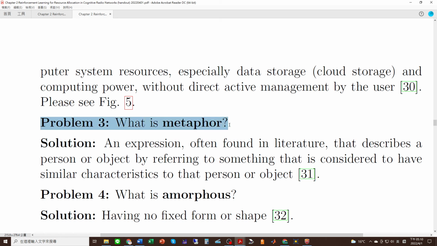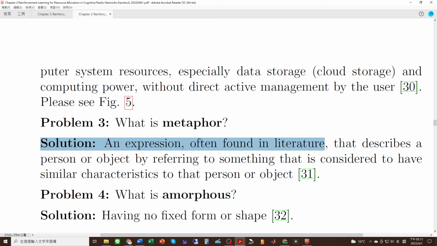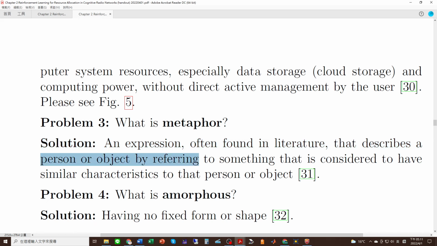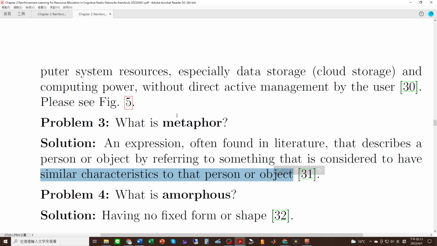What is metaphor? Solution: an expression often found in literature that describes a person or object by referring to something that is considered to have similar characteristics to that person or object. This is the metaphor.